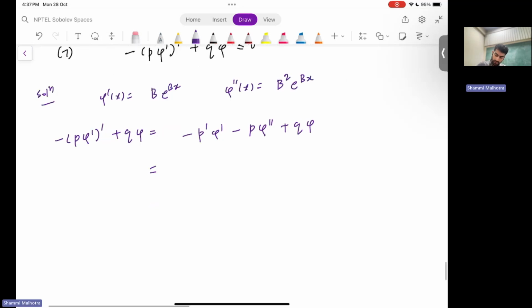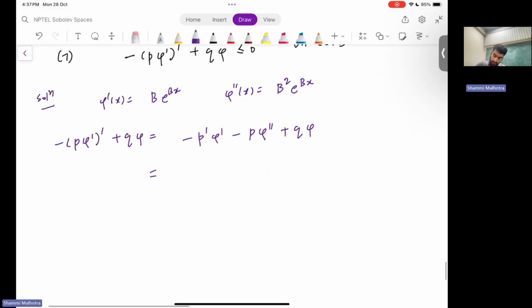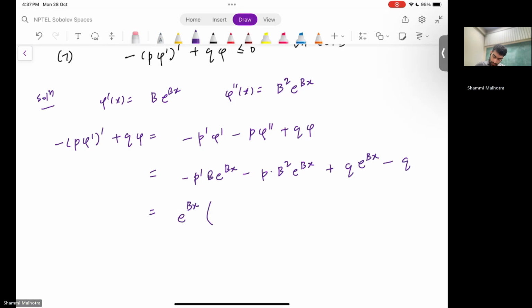And if I substitute the value of phi here, I obtain minus p dash b times e^(bx) minus p b square e^(bx) plus q e^(bx) minus q. So this is nothing but e^(bx) times minus p b square minus p dash b, plus q minus q.